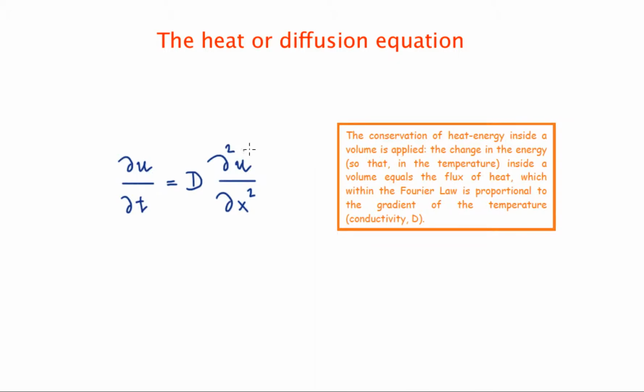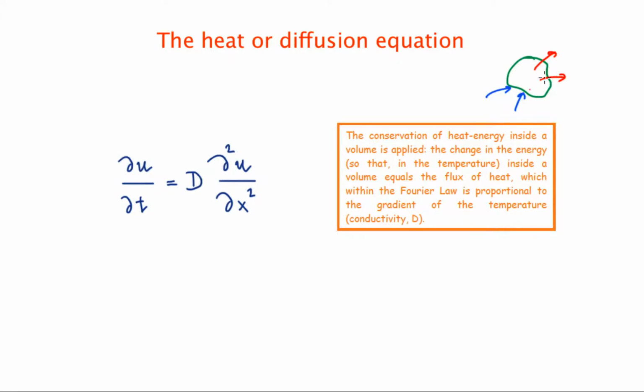Just for curiosity, even though in this case it's not so important, we are applying the conservation of heat energy inside a volume, and therefore the change in the energy inside, so the change in the temperature inside this volume, is equal to the flux of heat. So the heat that enters and the heat that goes away.